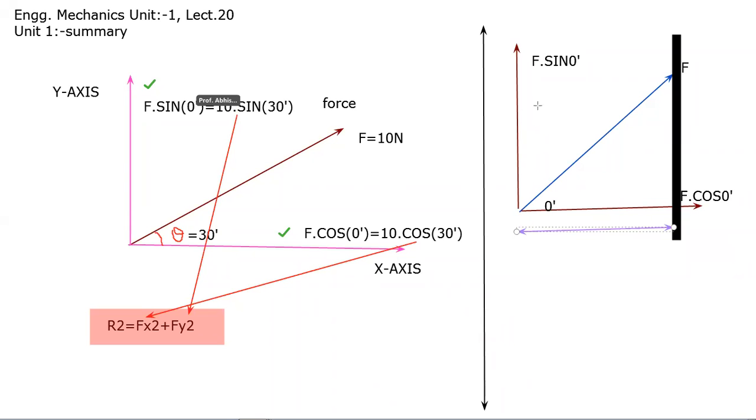Now suppose these two distances are given. Let us suppose this distance is 3 meter and this distance is 5 meter. Now I am clearing your concept.